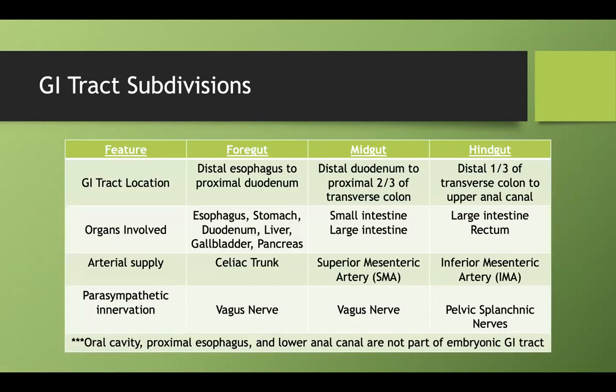This is from our GI tract introduction lecture, where I talk about the foregut, midgut, and hindgut. And notice here that in the hindgut, we mentioned that the rectum is involved, but I also told you that some parts of the GI tract, like the lower anal canal, are not technically part of the embryologic GI tract.